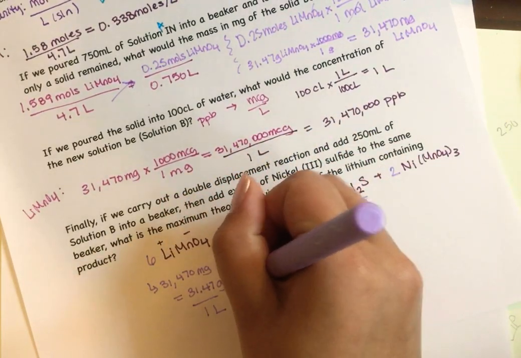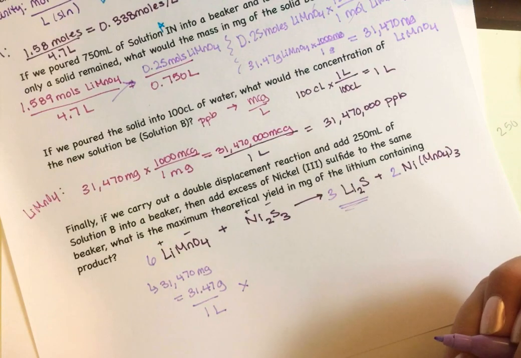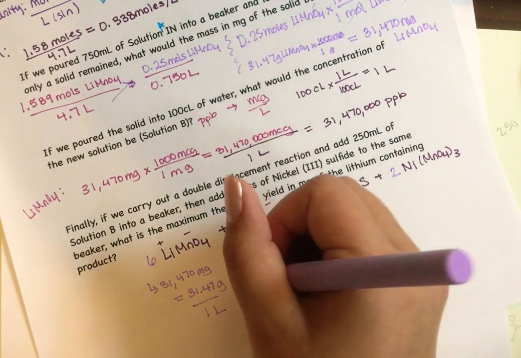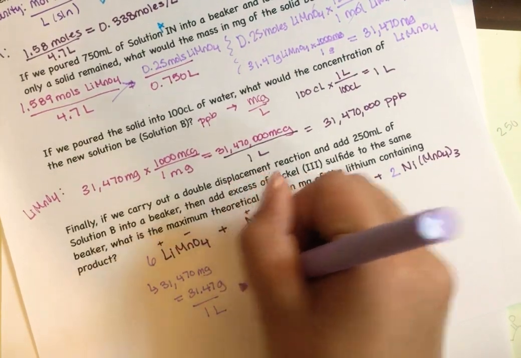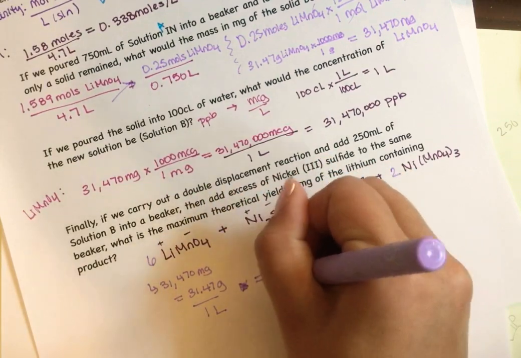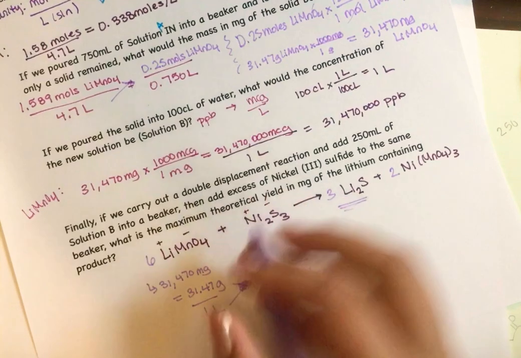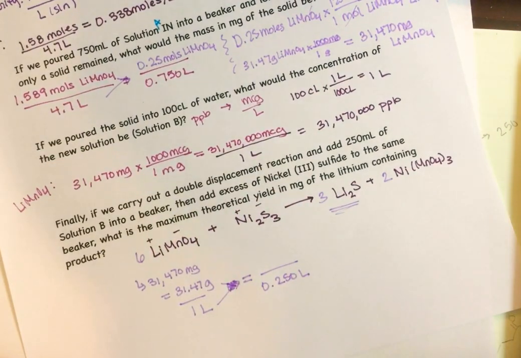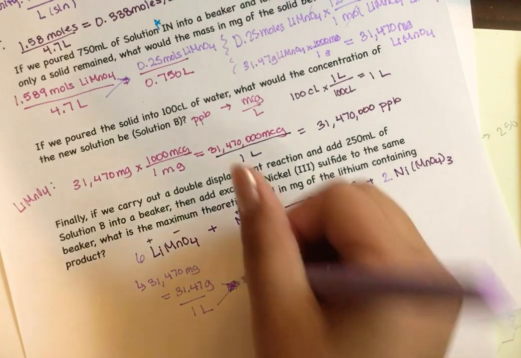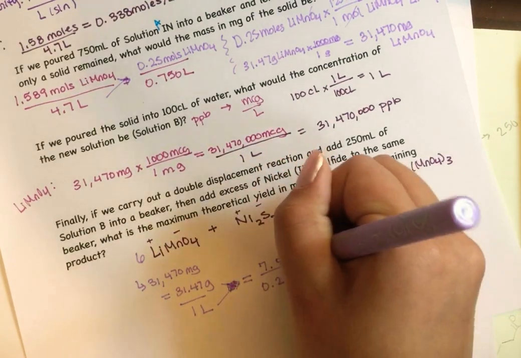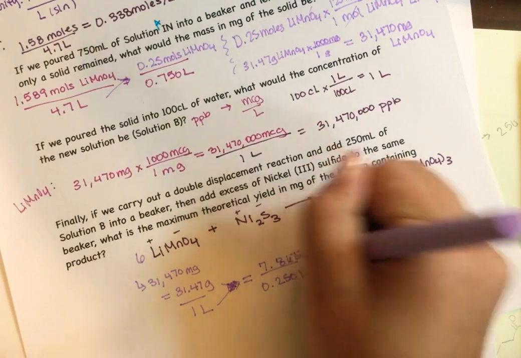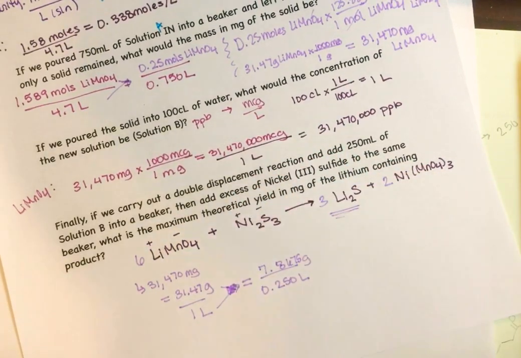I'd rather not multiply, I'm going to set up a ratio of our 0.250 liters and then cross multiply. So that's 31.47 times 0.25, divided by 1, so we get 7.8675 grams is what is in our new solution.